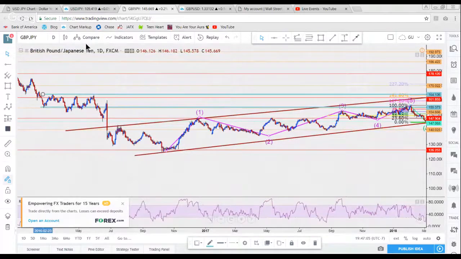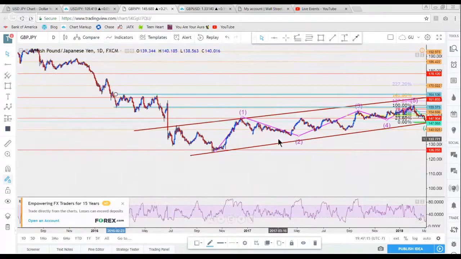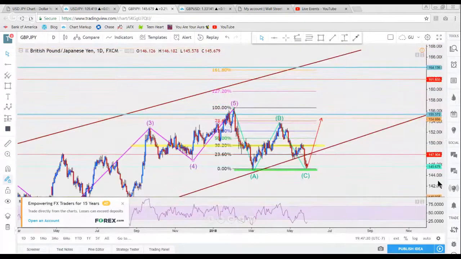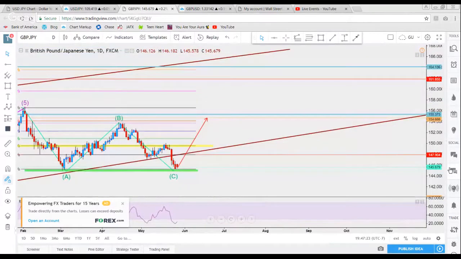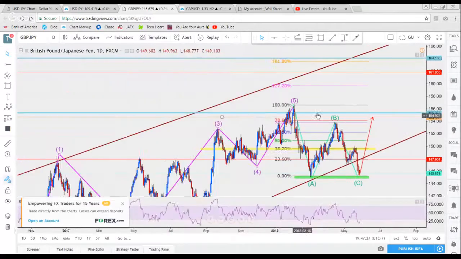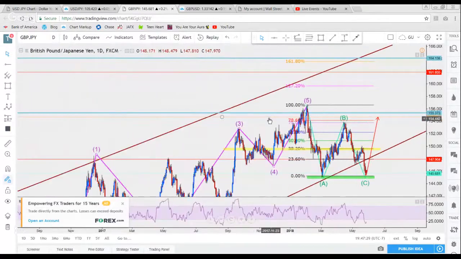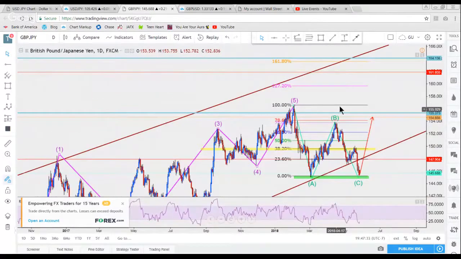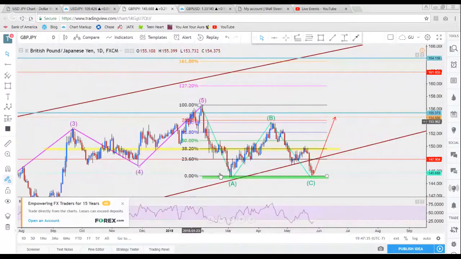But this was one of those key areas where it sold, it stayed in this area, and it sold, came back, but never touched this area, and then kept going. So if you're looking at it, boom, it hit this area, went a tad bit above it, but then it never came back above. So that tells me that this is pretty good resistance, which is why it dropped so much.